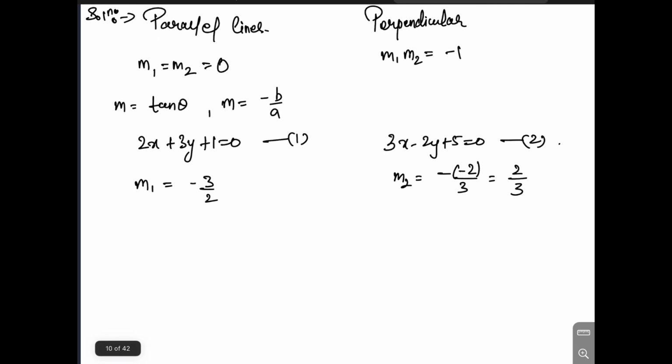Now let's try to check for parallel lines. m1 should be equal to m2.